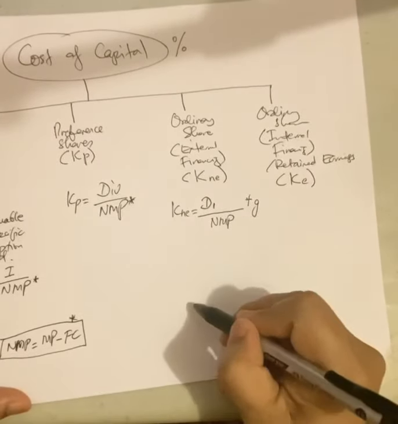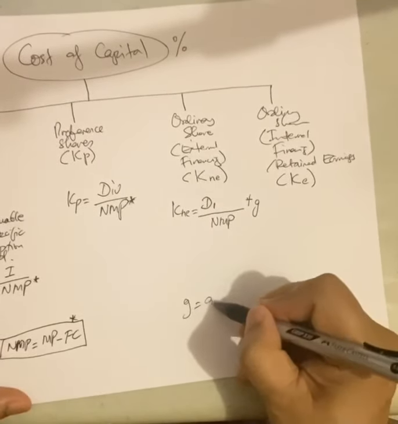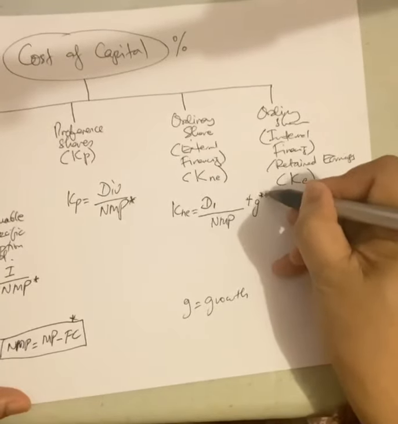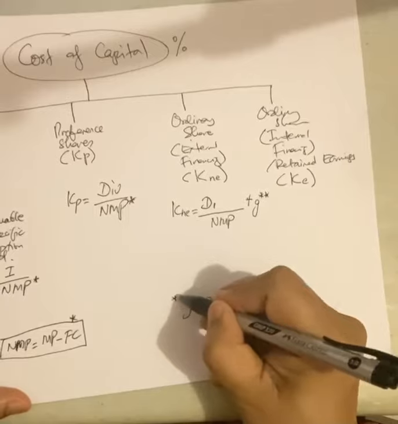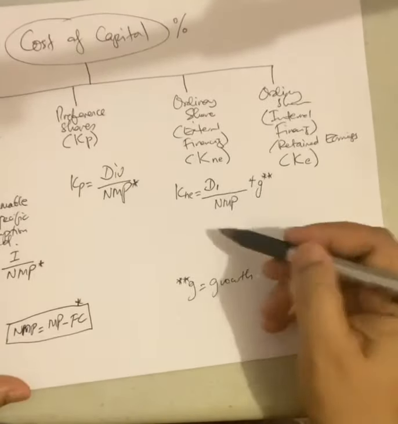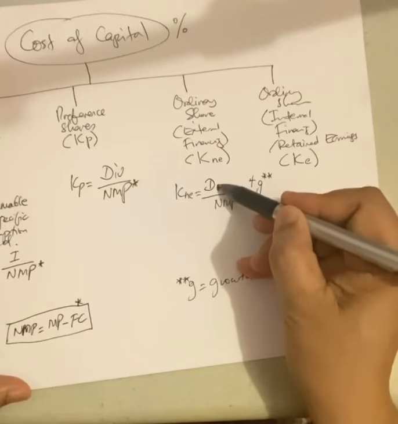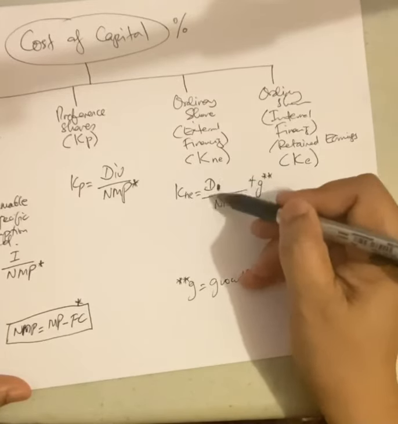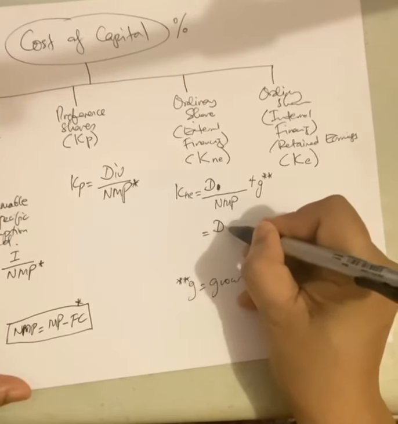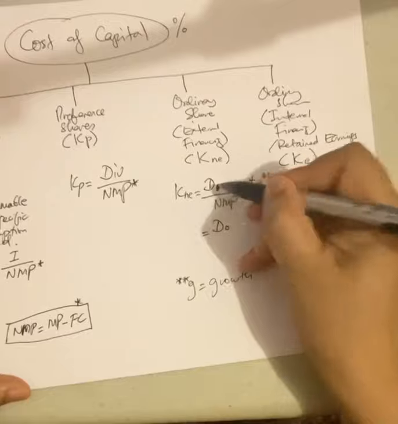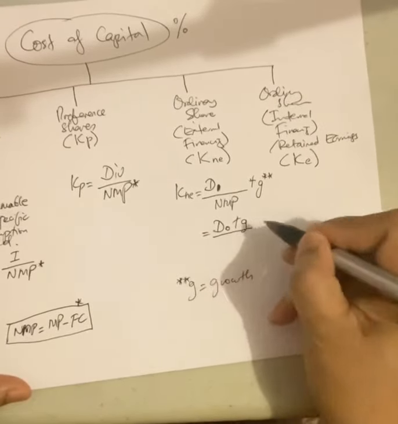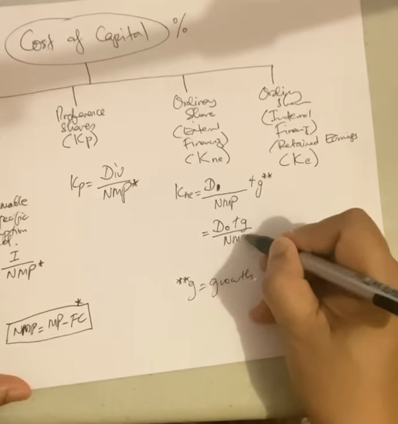G represents growth. To get the next year dividend, D1 is the previous year dividend D0 times one plus G, divided by the net market price.